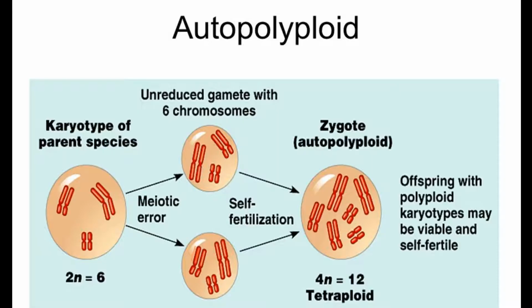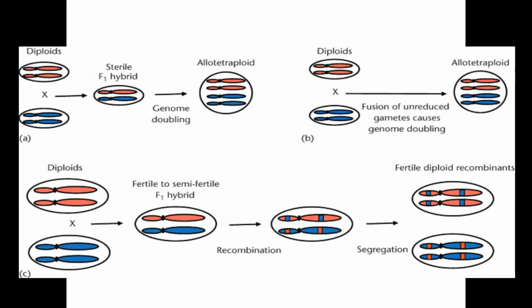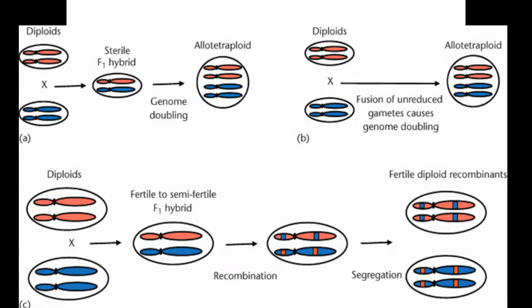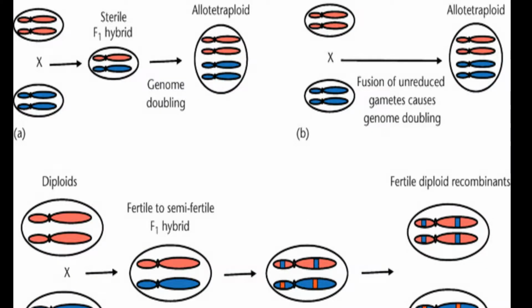Meiosis actually happens more easily in an allotetraploid than in an autotetraploid because the chromosomes from each species are not quite identical. So the two chromosomes from one species pair up with each other, while the two chromosomes from the other species pair up.